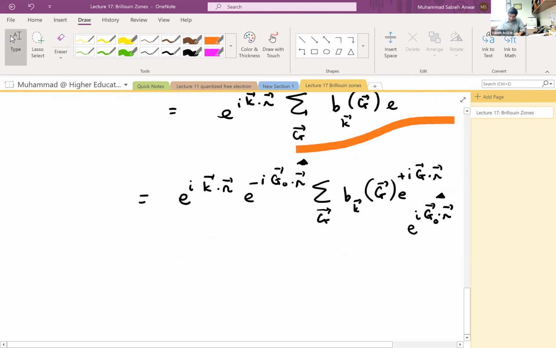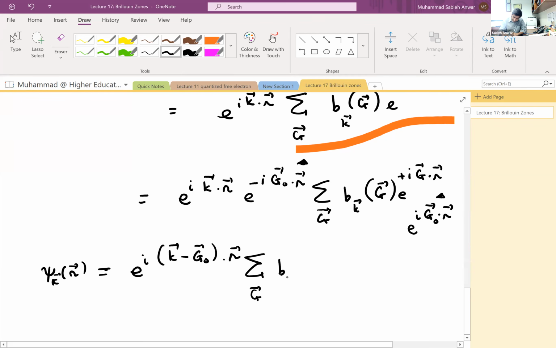and just threw it into the expression. Okay. So now what I could write this as, this still remains psi_K(R), I could write this as e^{i(K minus G naught)·R} sum over all G's b_K(G) e^{i(G plus G naught)·R}.